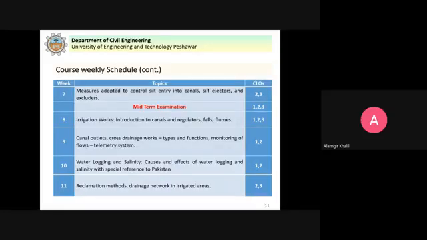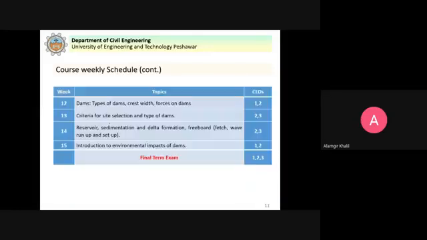There will be 7 working weeks. Previously there used to be 8 working weeks before the midterm examination and 8 working weeks after it, but now we have 7 working weeks. After that we have the midterm, and then we have 8 working weeks before the final term exam, making a total of 15 working weeks. So we will try to cover these topics in detail.